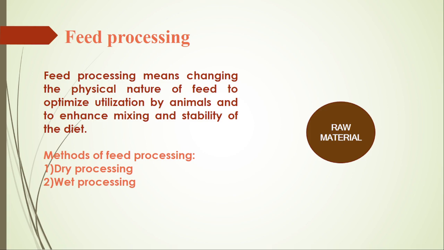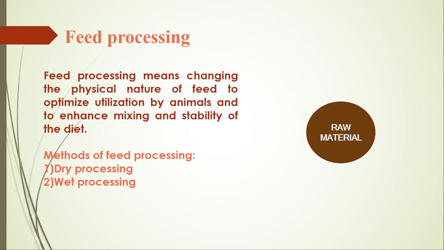Processing of grain improves the digestibility by 8 to 15% more than unprocessed feed, as finely milled feed particles are better digested than whole feed ingredients. Processing helps to improve the digestibility and also the availability of feed.